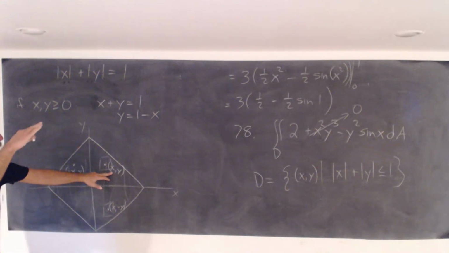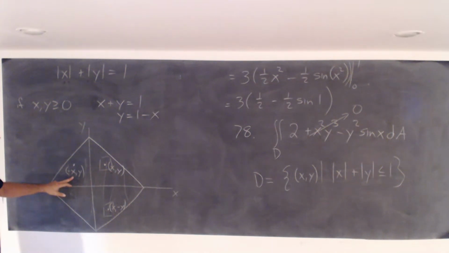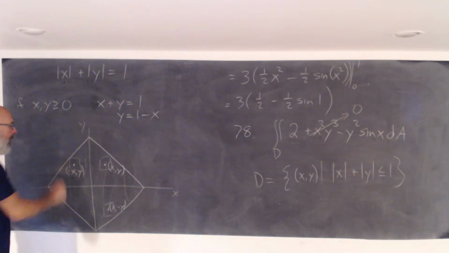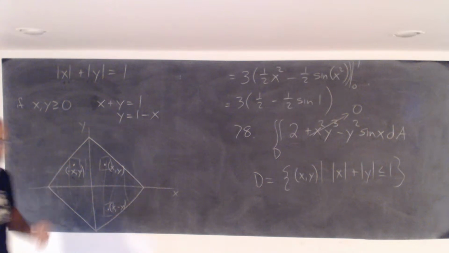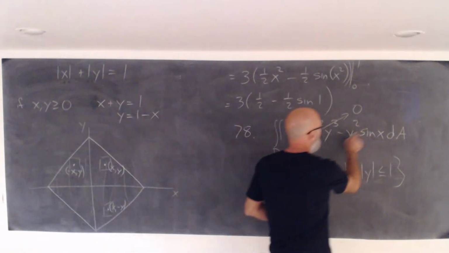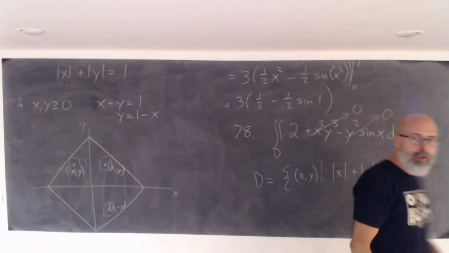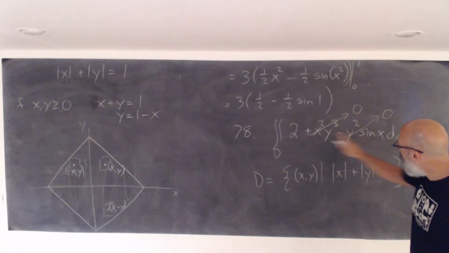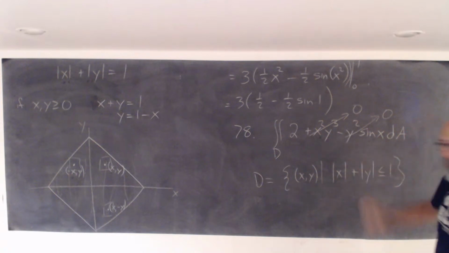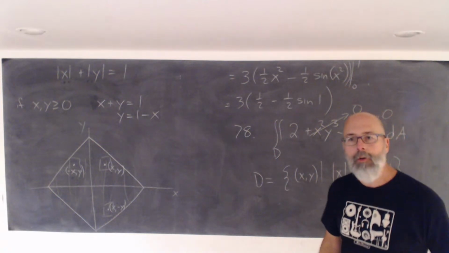Here, you'll have some positive height of y squared sine x, and here sine of negative x is negative sine x. So you'll have a negative height over here. So again, a Riemann sum argument, positive height there, negative height here, cancels out. This integral will cancel out as well. So instead of working with 3 terms, 2 of them cancel out and become 0.